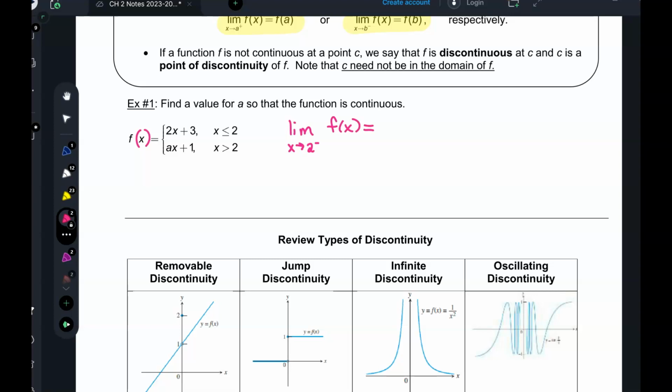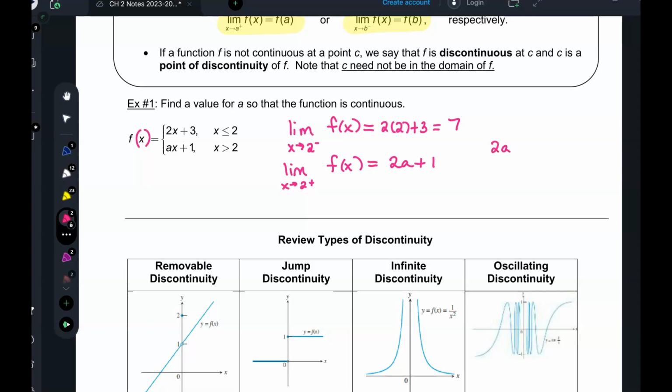Would be what? 2 times 2 plus 3, so that'll be 7. And from the right will be what? 2a plus 1.